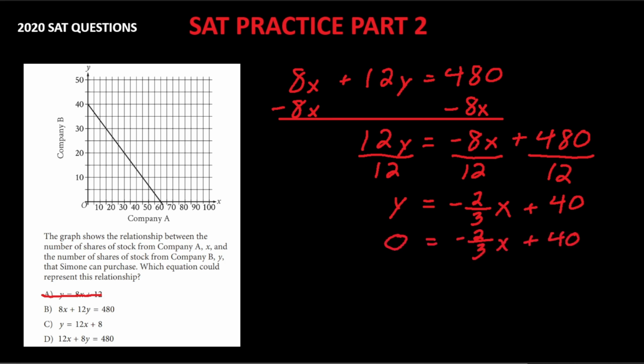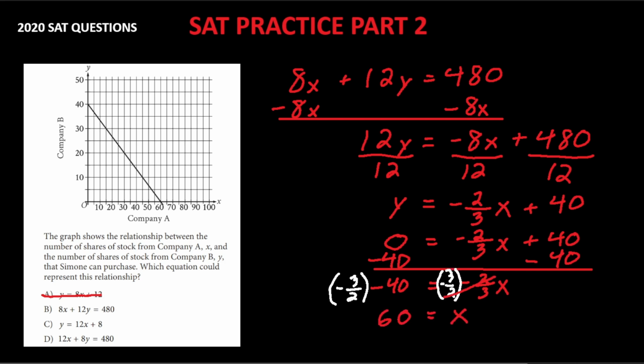So first I subtract 40 from both sides. Then I'll multiply both sides by negative 3/2 to get rid of the negative coefficient in front of x. So what I see is when x is 0, y is 40. And when y is 0, x is 60. So these work. So this appears to be the correct answer.